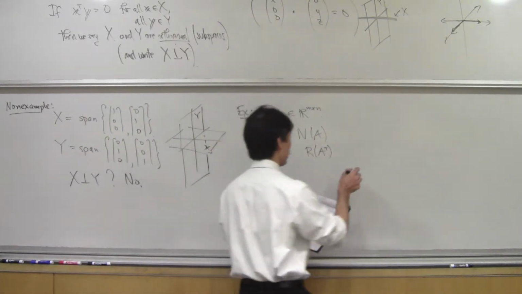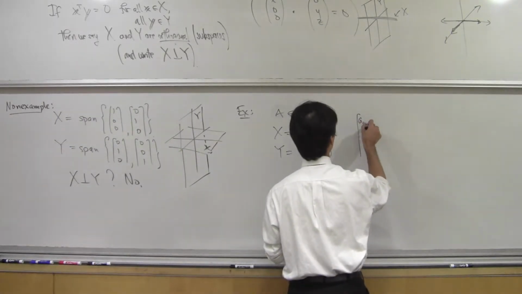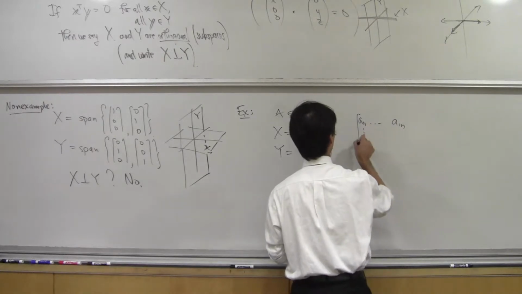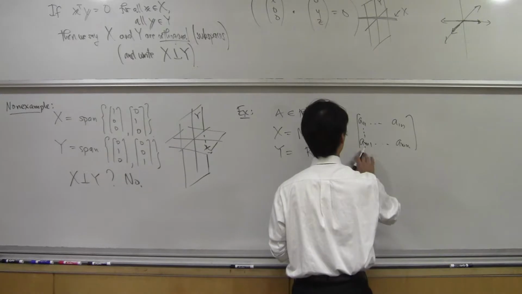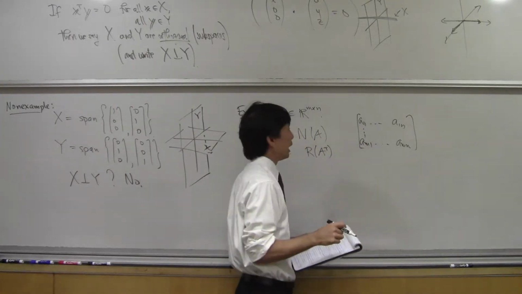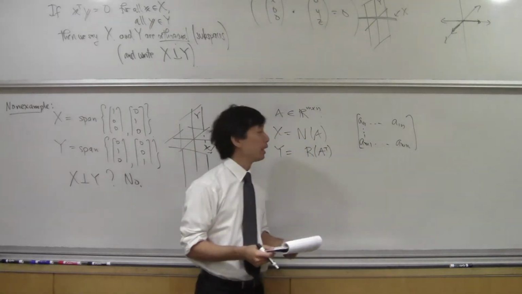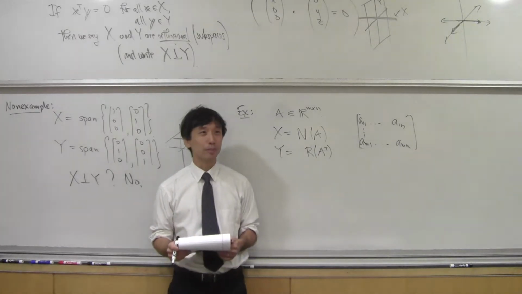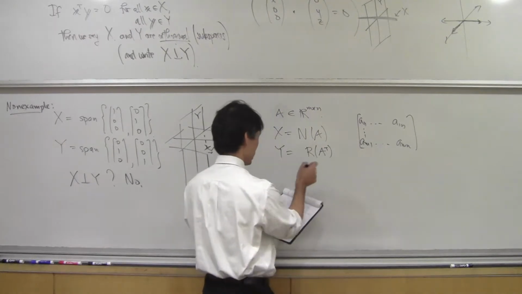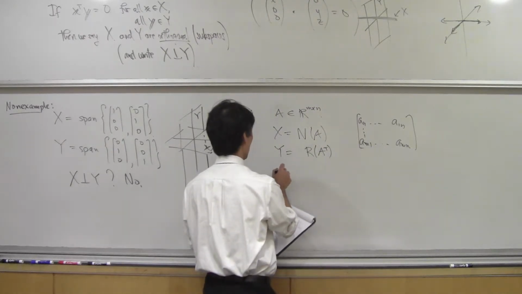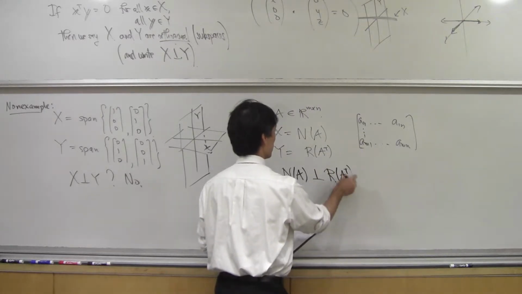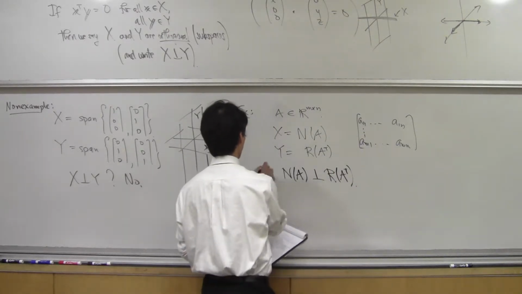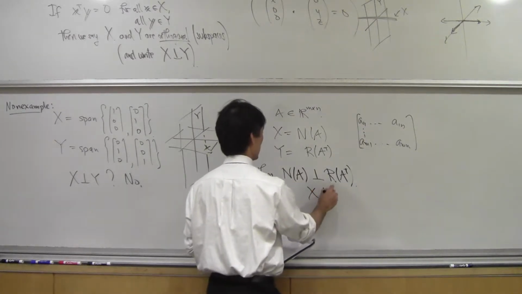I'm going to say that those guys are perpendicular to each other. So the null space of A actually is perpendicular to the range of A transpose. X is perpendicular to Y.